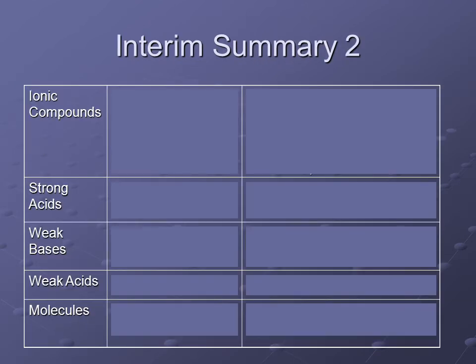Okay, so we're at about the half-hour mark here. Let's do another summary. You got your ionic compounds, your strong acids, your weak bases, your weak acids, and your molecules. All of them can be solutes. Let's look at their electrolyte behavior. Your ionic compounds and your strong acids are both strong electrolytes.